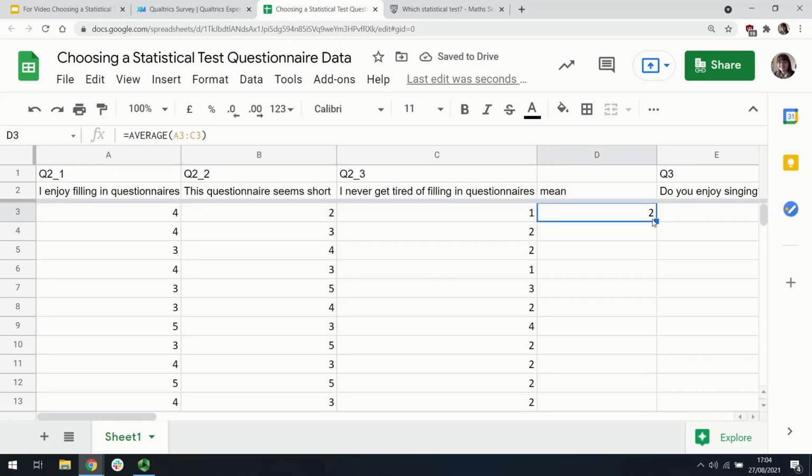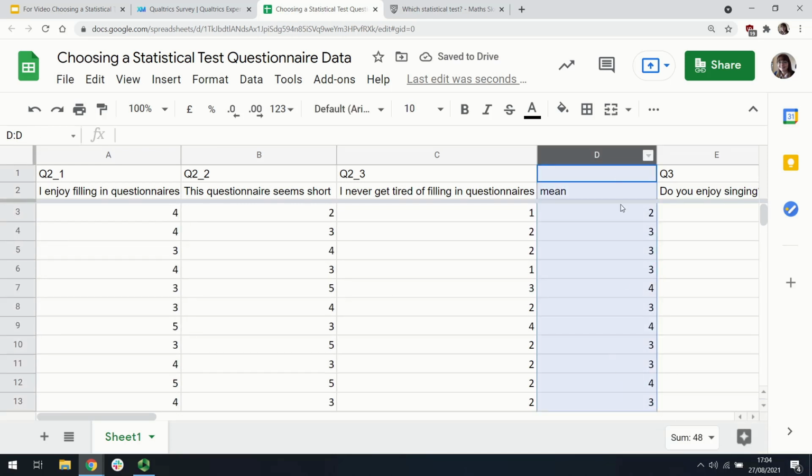We get an average of 2. So 4 plus 2 plus 1 is 6, divided by 3, we get 2. And we do that all the way down our column. And it would be this column that we use in our analysis.